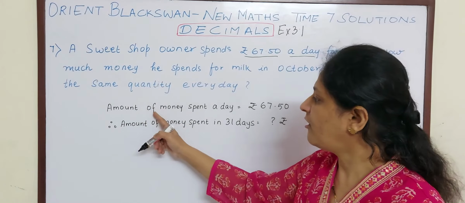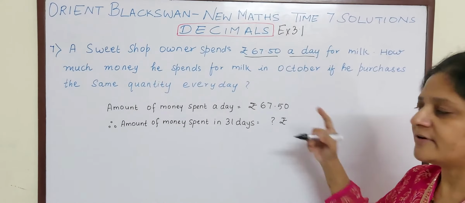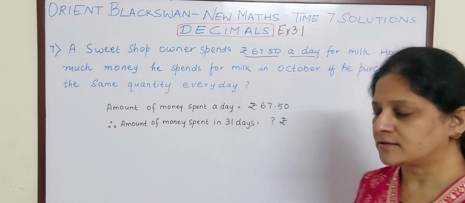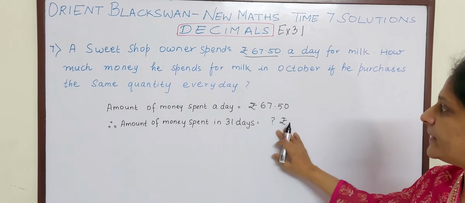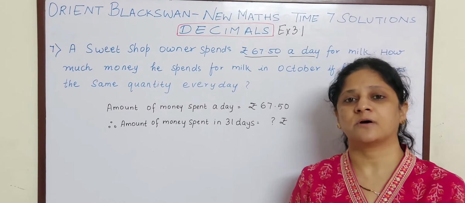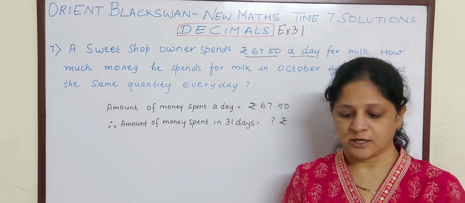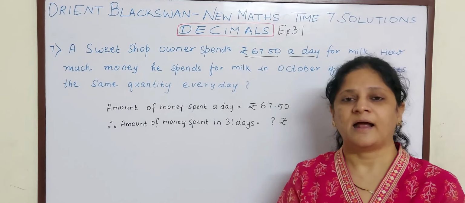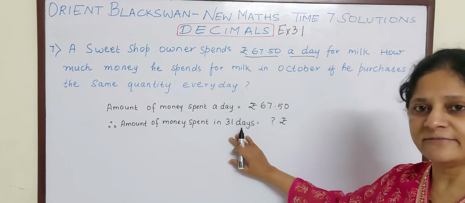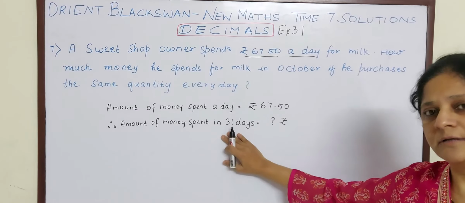So the amount of money spent a day on milk is 67 rupees 50 paise. So how much money will he be spending in October? For that we should know how many days there are in October. In October we have 31 days. You can use the knuckle method and find out. So the amount of money spent in 31 days. Because they have told October, I have taken 31 days.